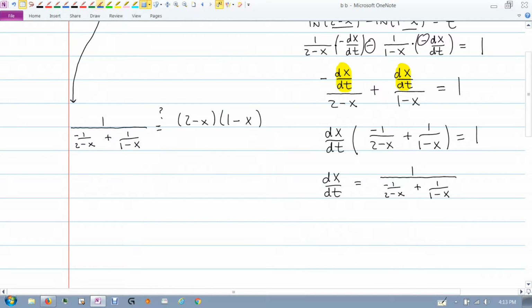So what I'll get going now is I'm going to put these two together with a common denominator. So essentially I'm multiplying this up here, and then bringing those two together. So when I do that, I should get -1 plus x, and then plus 2 minus x. Then all over our common denominator, which is now 2 minus x times 1 minus x.